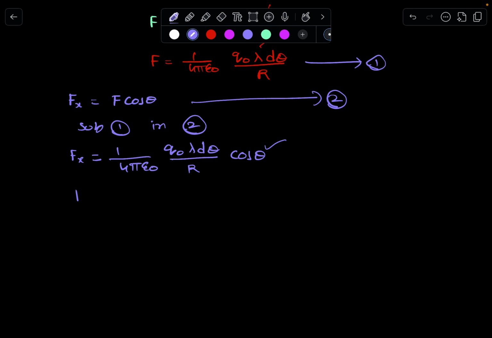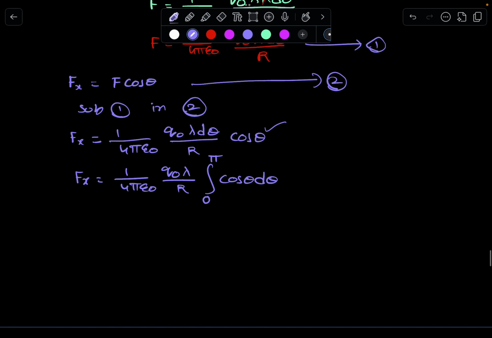Fx is equal to 1 by 4 pi epsilon naught into q naught lambda by r into integral over cos theta d theta. Which is varying from the initial angle 0, and for the semicircular shape the final angle will be pi. As we know, integral cos theta becomes sin theta, right?